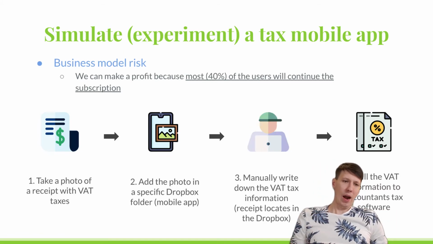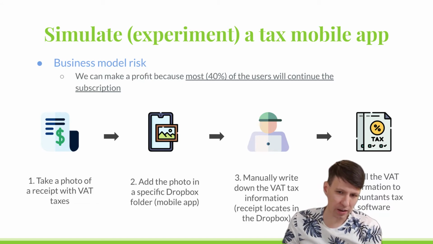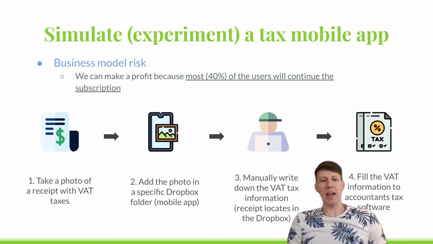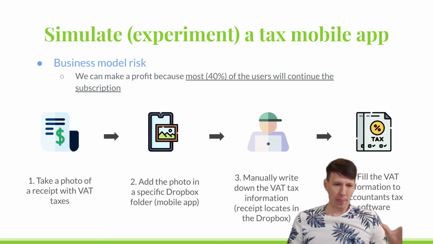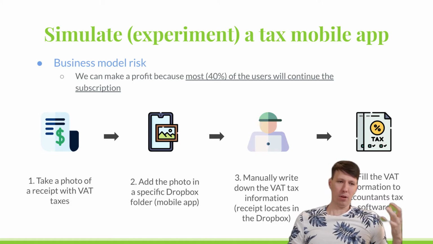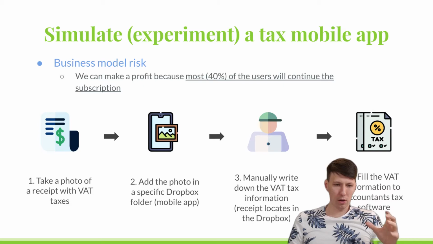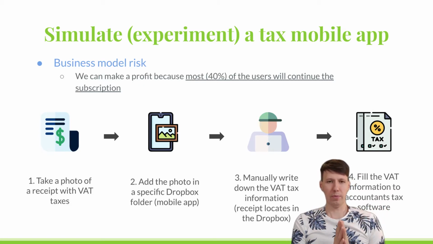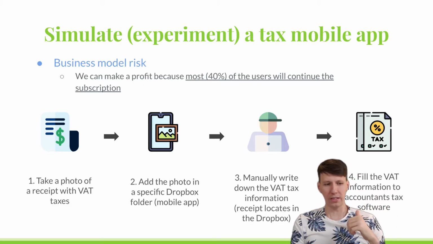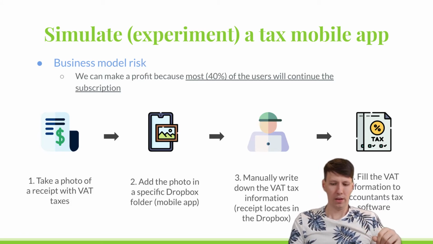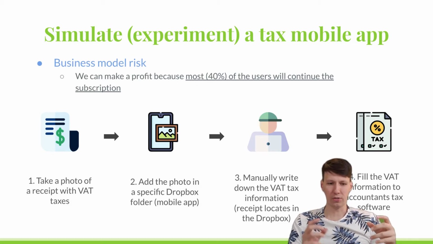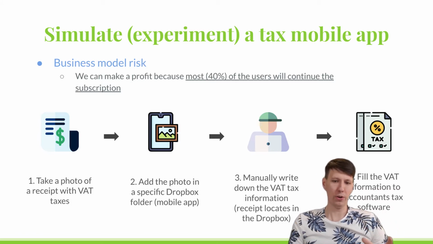When we do it the right way, we don't need to build anything. Take the same process. The first step is that the user takes a photo of a receipt, and then in the user's phone is a Dropbox app with one specific folder, and he or she uploads the receipt in the folder.